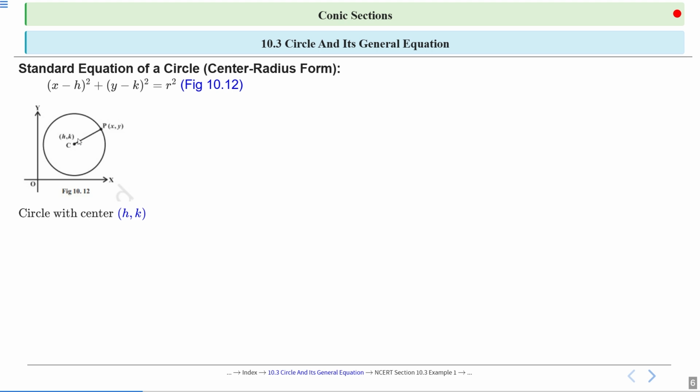Here the point C is (h, k), and the arbitrary point is P(x, y). This distance is r. That means CP is basically the radius of the circle. The standard equation of a circle is (x − h)² + (y − k)² = r². So note this equation. This is the standard equation of a circle in center-radius form.